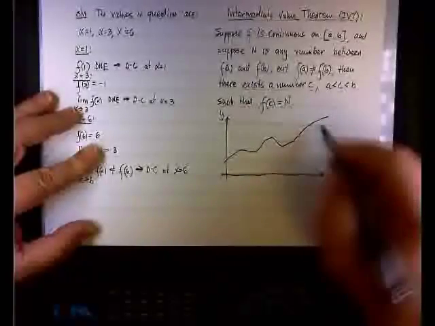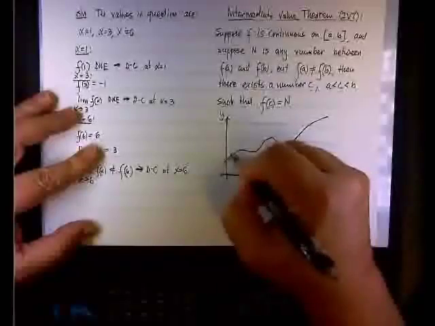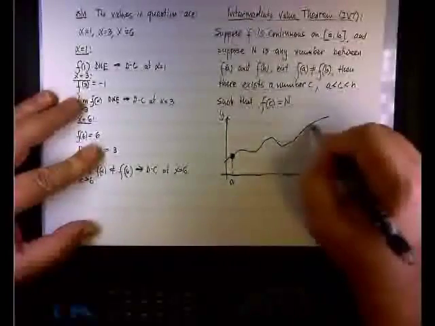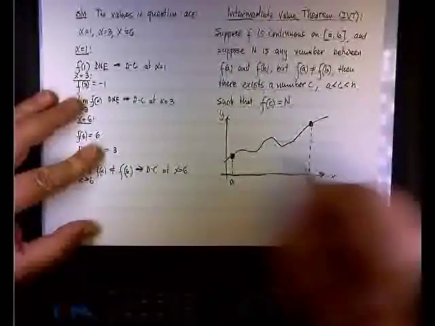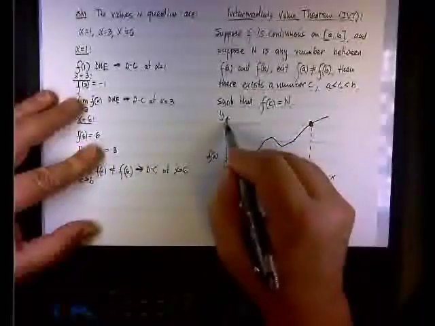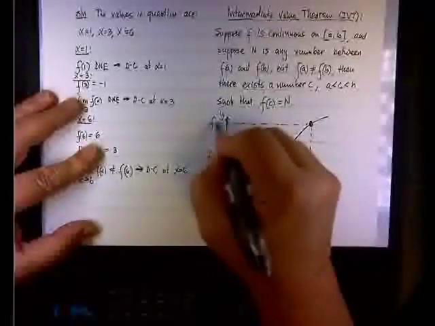The function doesn't know where it wants to be, and it's defined from x equal a right here to x equal b right there, such that f of a, which is this value, is not equal to f of b, which is this value.